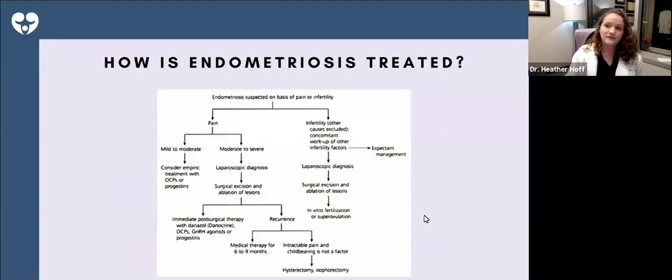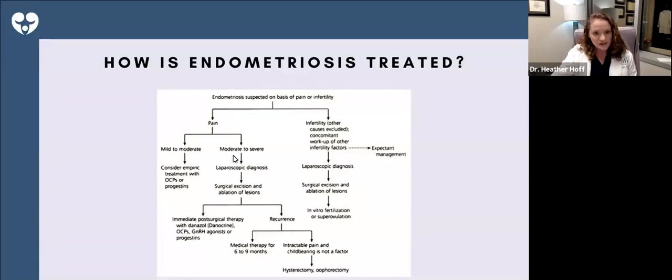So just to talk briefly about how endometriosis is treated, typically the breakdown really depends on the predominant symptoms. So if the concern is pain, it really depends on the severity. So mild to moderate pain with someone not actively trying to conceive, first thing is going to be some oral medications, which we're going to talk about here in a minute.